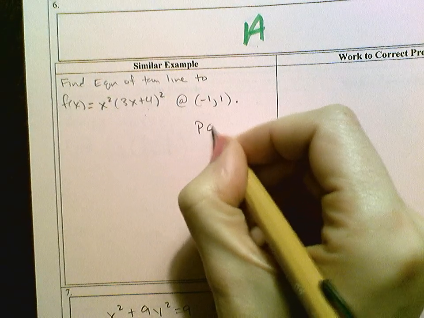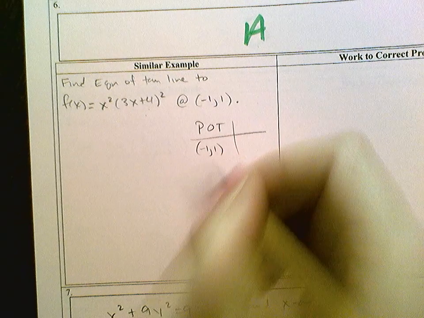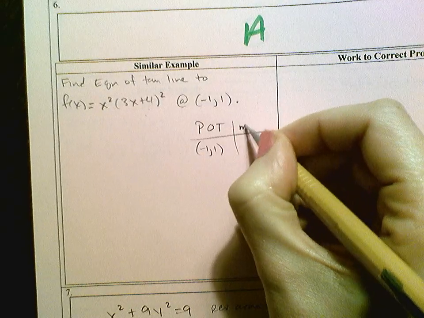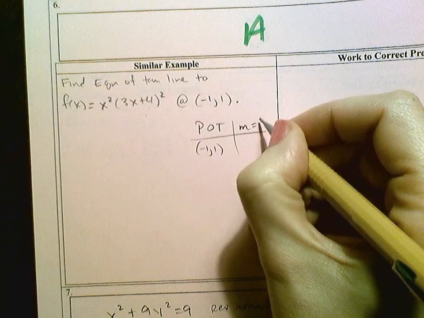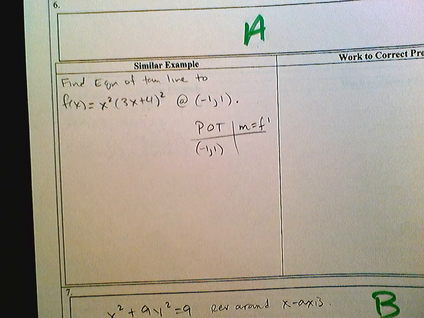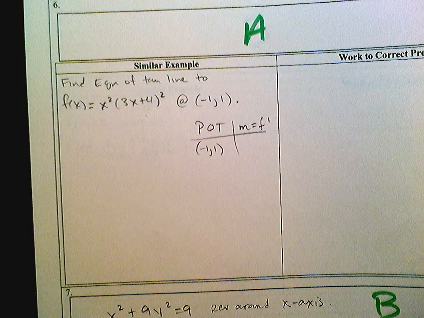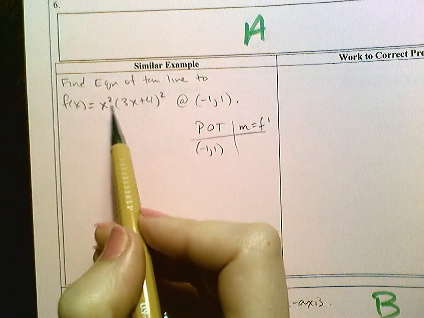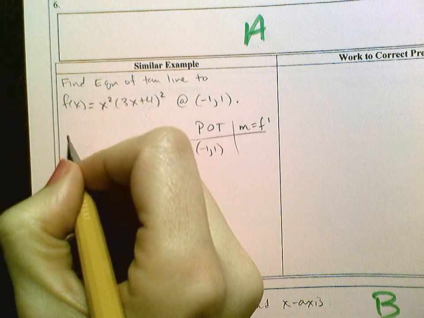You're going to go point of tangency, which is -1, 1. And then you're going to need the slope, which in this case is going to be f prime. All right. So the answer is derivative. Limit, derivative, or antiderivative, the answer is derivative. And you're going to need to use product rule and chain rule.